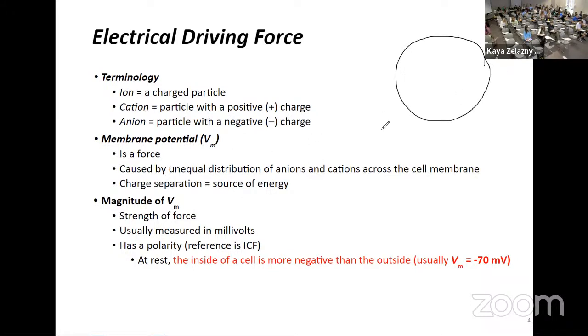We're going to have some distribution of both anions and cations across the cell membrane. So I'll put some cations inside. I'll put some cations outside. And we'll put some anions inside. Blue. Okay. Bunch of minus signs here, anions inside. And we'll have some anions outside.